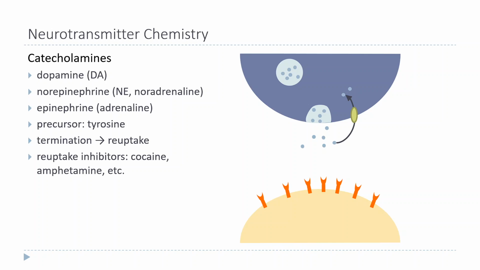And especially dopamine is involved in your brain's reward system. So a lot of drugs of abuse, like cocaine and amphetamine, work either directly or indirectly by raising the amount of dopamine either released, or again, in this case, preventing it from being taken back up or removed from the synapse.